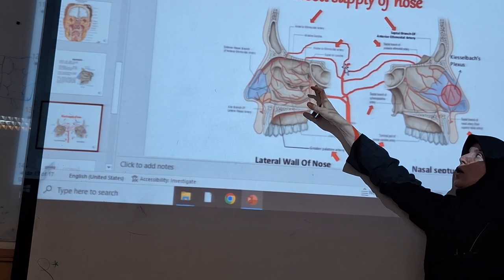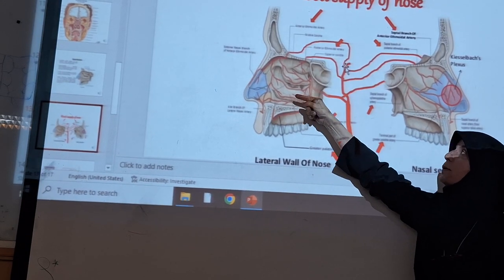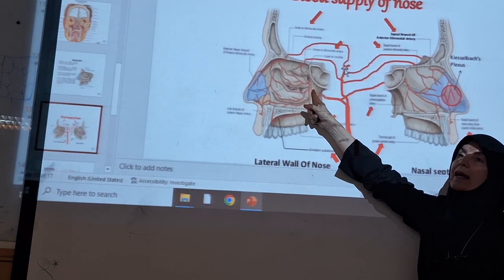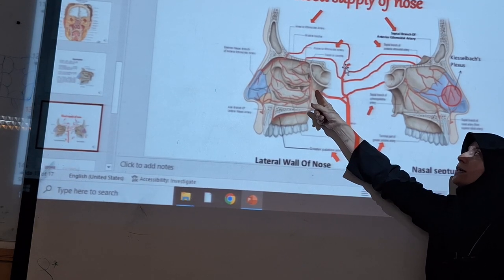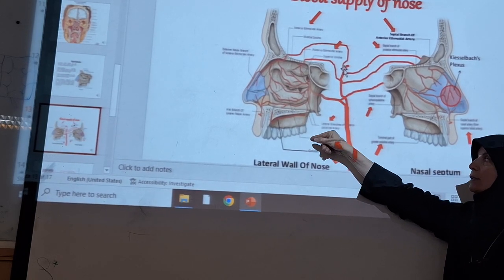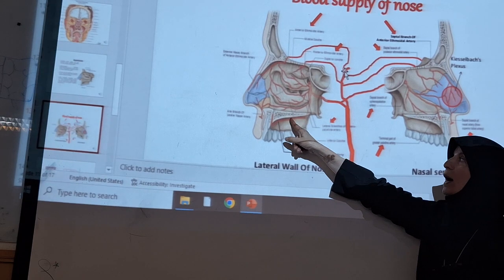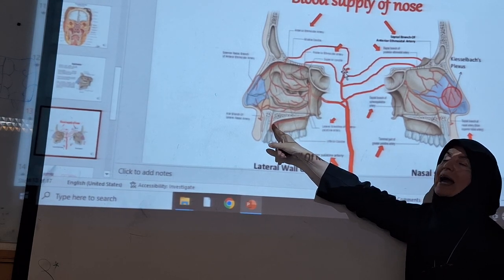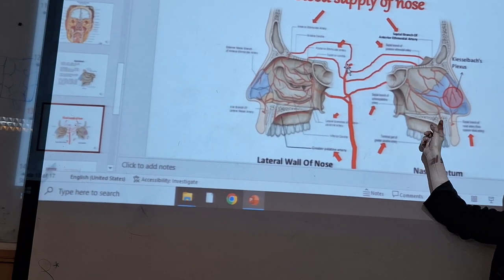The maxillary artery has many branches. Another branch before the sphenopalatine we call the greater palatine. The greater palatine in the lateral surface of the nasal cavity comes down, enters the oral cavity, and in the roof of the oral cavity goes anteriorly to access the nasal cavity through the incisive canal.